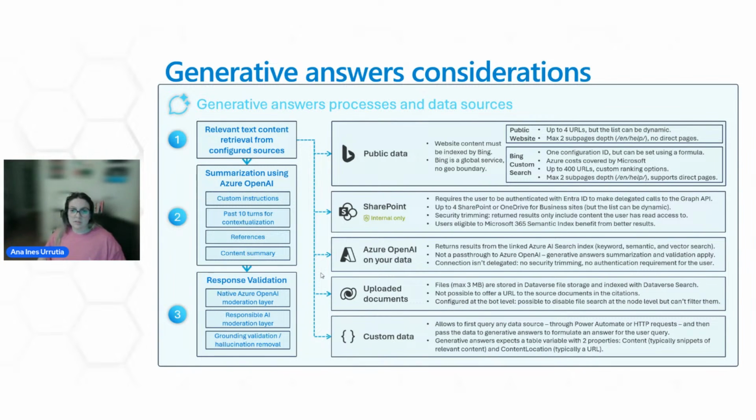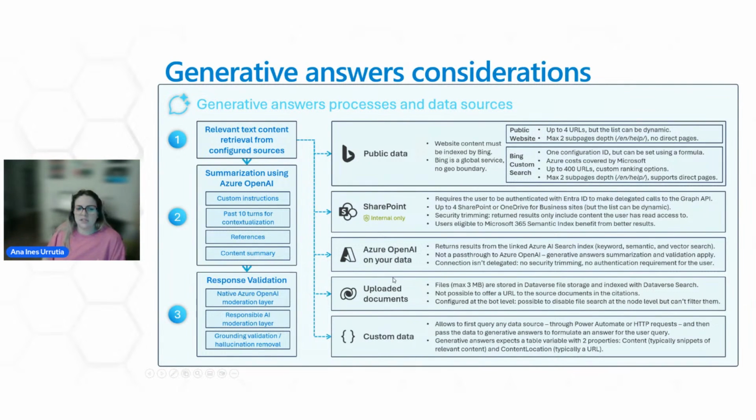No, we can be changing those URLs. Then we cannot go with a very in-depth URL. It has to be very easy. It cannot go very deep. So as you see here, it's a maximum of 2 subpages depth and no direct pages.